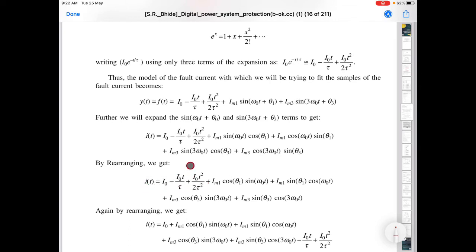Now these 3 terms as it is. Okay, what they have rearranged is, theta terms they have written first. Here theta term was second. Why? Because those are unknowns. Theta 1 you have not yet calculated. See, omega naught is a fundamental frequency, you know it. Time at which the sample is taken also you know it. So sin omega naught t, cos omega naught t, you know it. It can be mathematically calculated. So they have kept it in the second term.